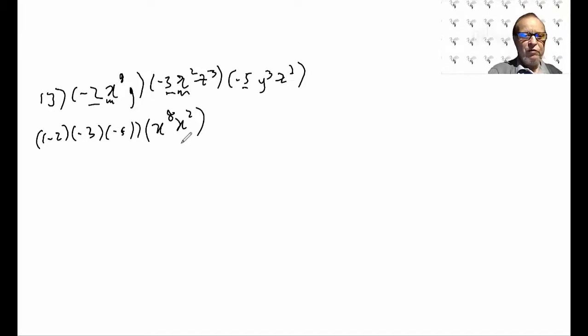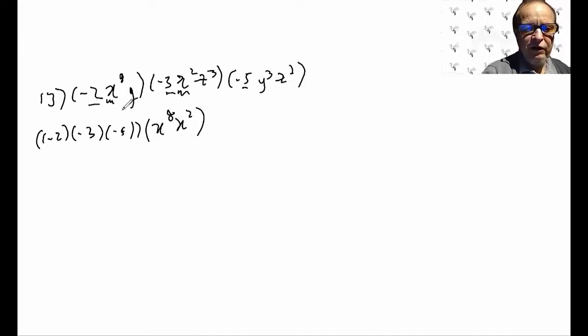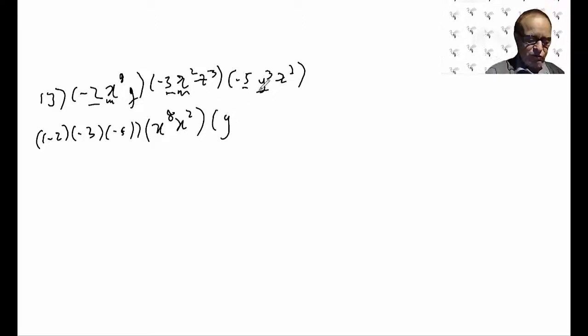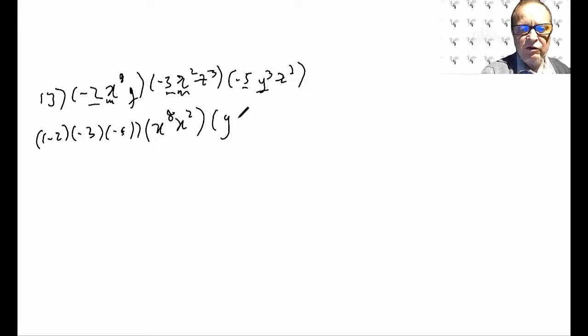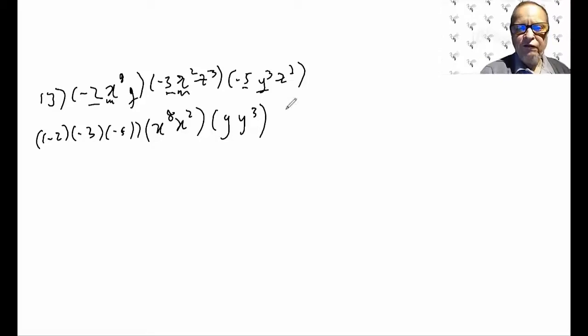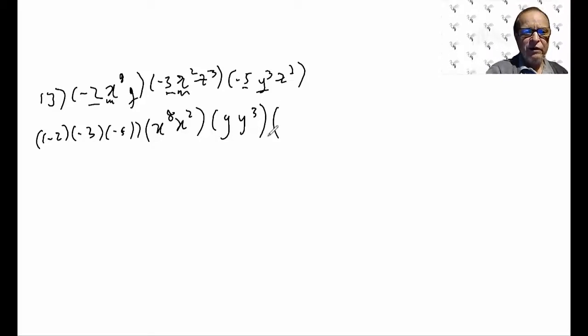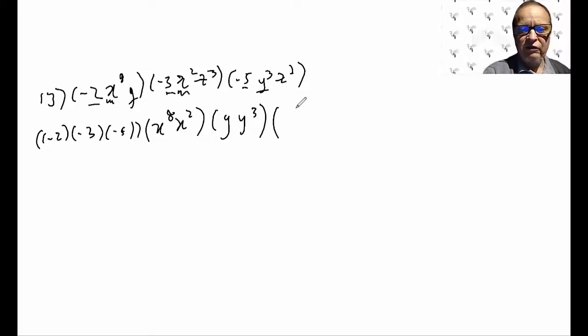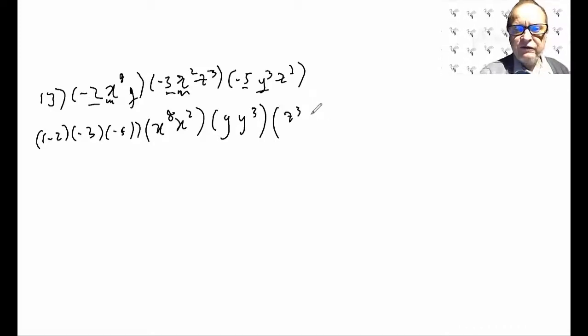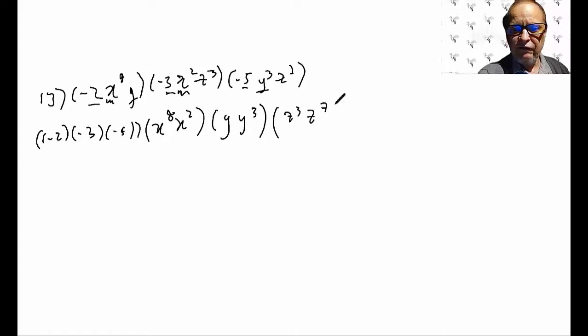And then I will put my y's in still another bracket. One y here, no y's there, and a y cubed here. So I have y cubed. And then finally, I'll collect up all my z's. I have no z's here. I have z cubed here. And I have z to the 7th here.